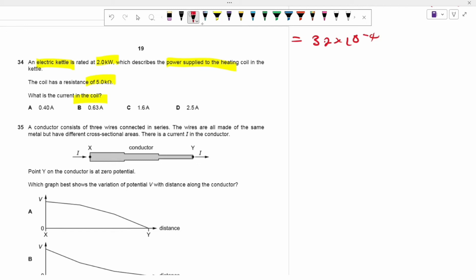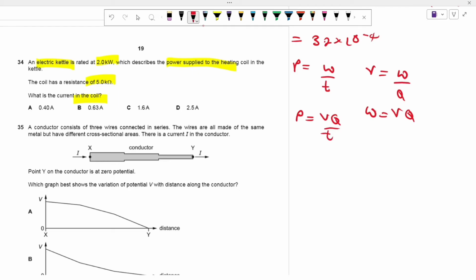I know that power is work done per unit time. I also know that potential difference is the work done per unit charge, so the work done will be equal to VQ. So power will be equal to VQ divided by t.